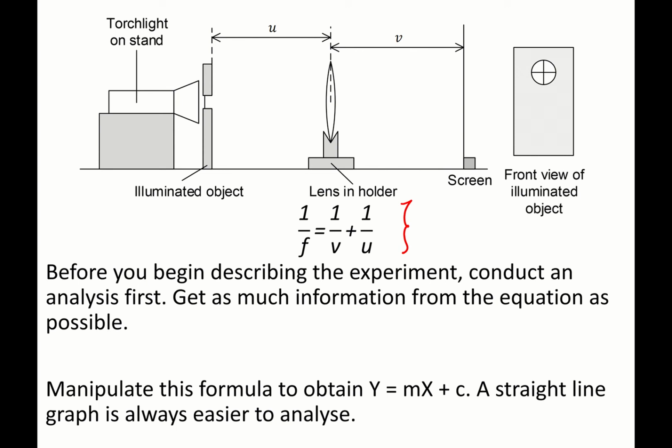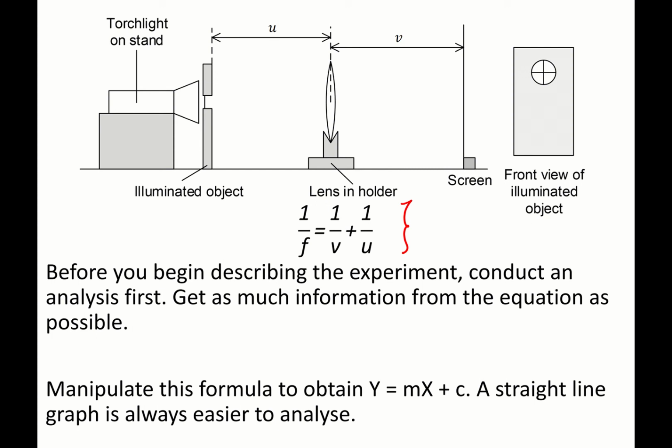Now, before you begin describing the experiment, you must first conduct an analysis first. And from here, what you're trying to do is to elicit as much information as possible from this equation. Only then can you proceed on with the planning.